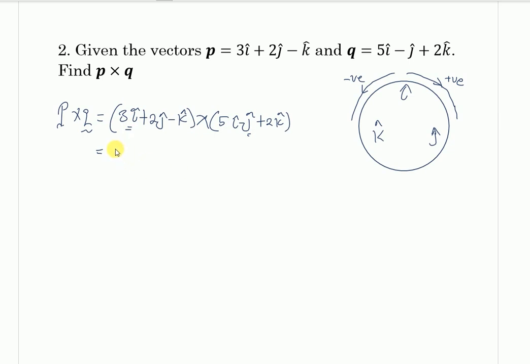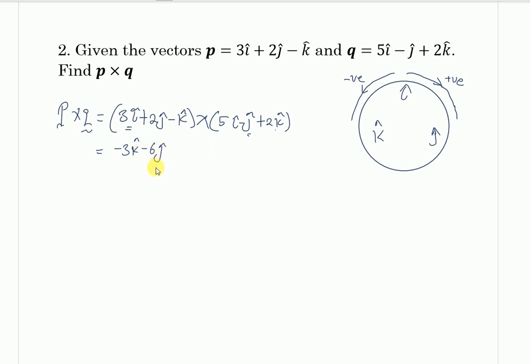Then we have 3i crossed with negative j. I cross j is k, so this one is negative 3k. Then 3i and 2k: i cross k is negative j, so this one is negative 6j.